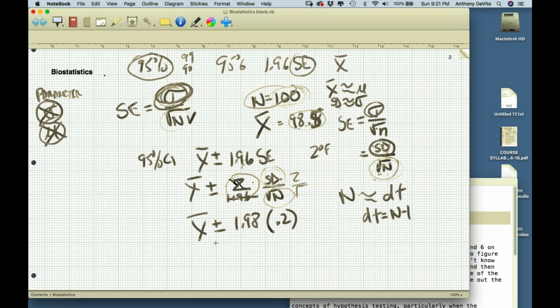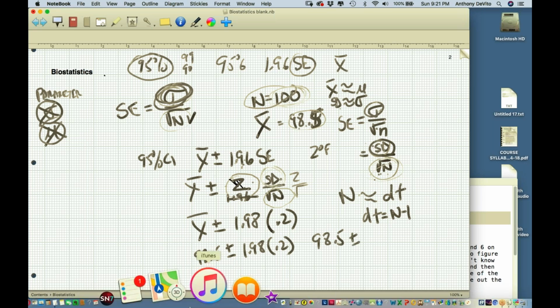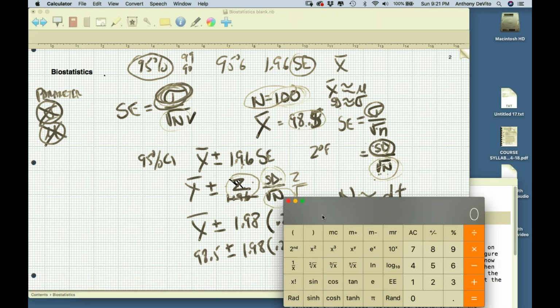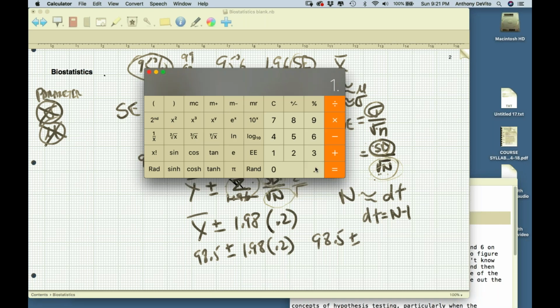So my 95% confidence interval would be, in this case for our sample, the mean I got was 98.5 plus or minus 1.98 times 0.2. So that's 98.5 plus or minus 1.98 times 0.2, and that comes out to, I'm going to call that 0.4 degrees.